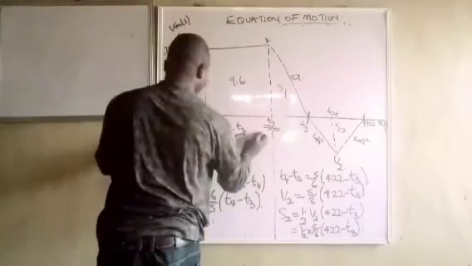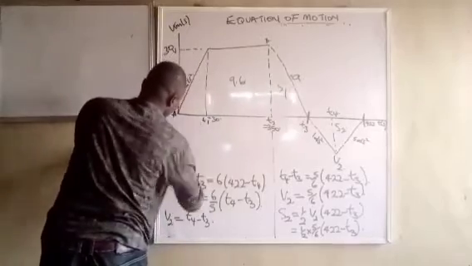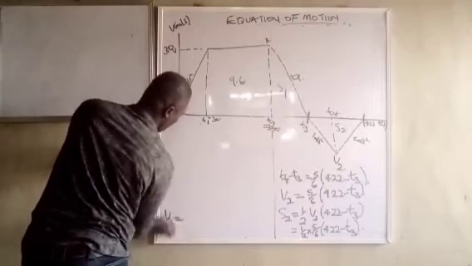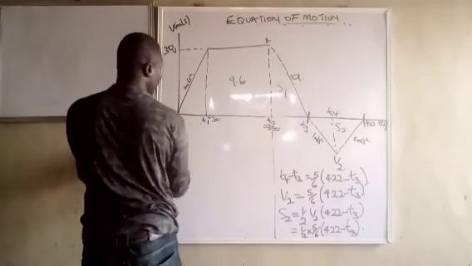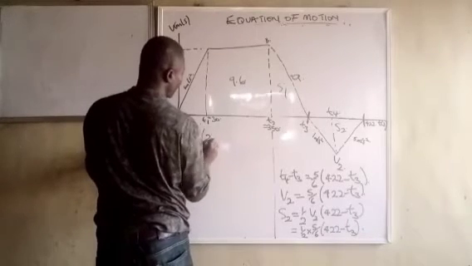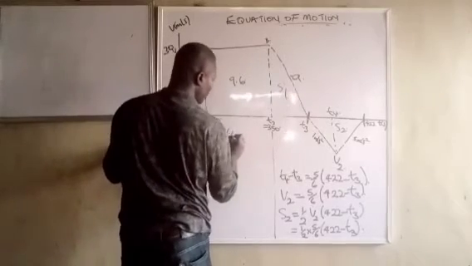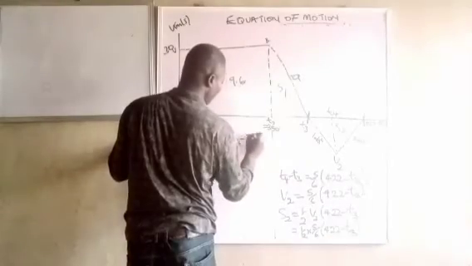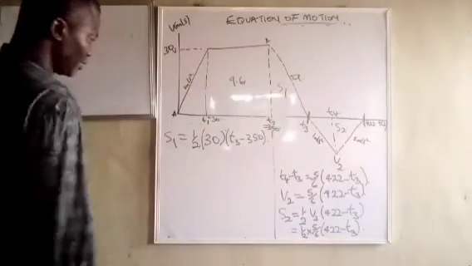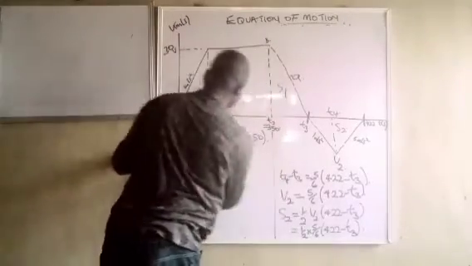Our S1, at the same time, is equal to half into 30 into T3 minus 350. So we don't need to bring in A in this instance. It has made our work so easy. We have T3 here, we have T3 here.